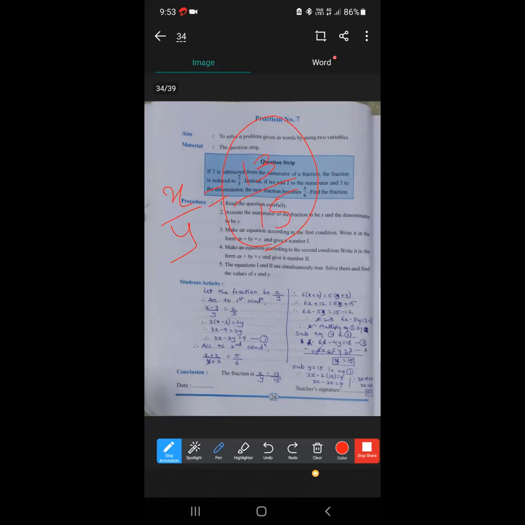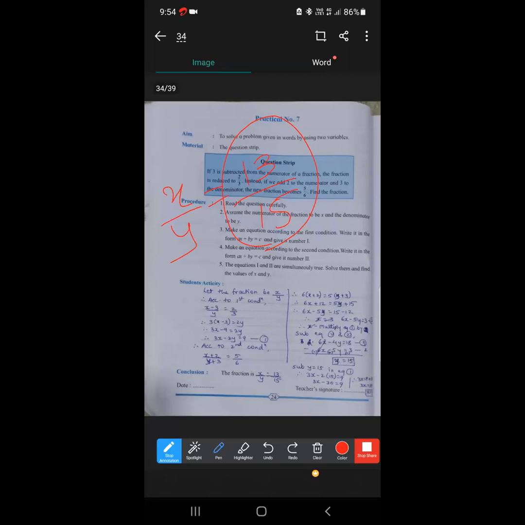So normally whenever you come across a linear equation in two variables, you need to understand these two steps: making the coefficient of any one of the variables same, and the second one is checking the sign of that coefficient. Then accordingly you can add or subtract, so that one variable gets eliminated and you get the value of the other variable.